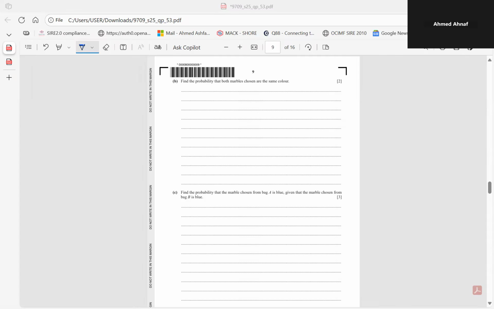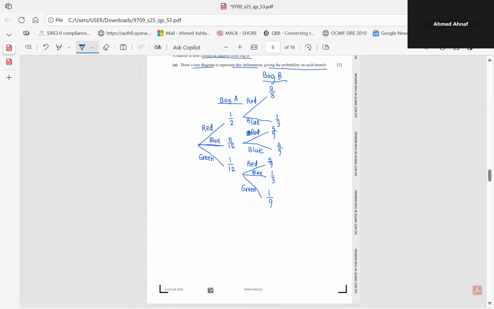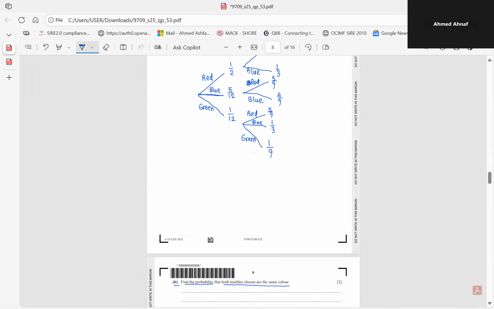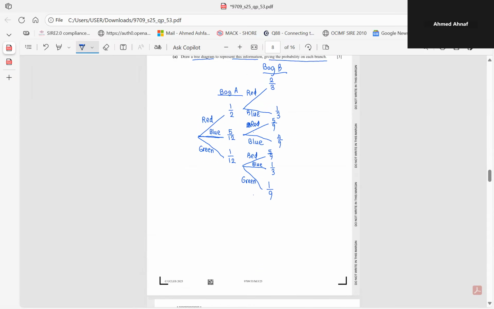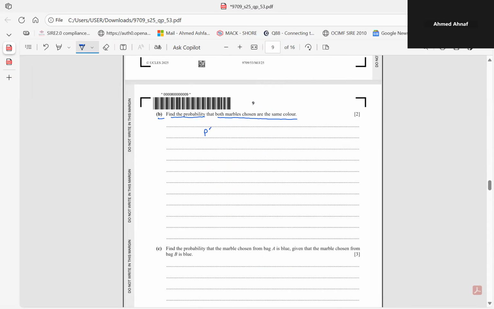Okay, so for this part, we're going to have to find the probability that both marbles chosen are the same color. So let's refer back to our tree diagram. For both marbles to be the same color, both have to be either red red, blue blue, or green green. So let's add those probabilities up.